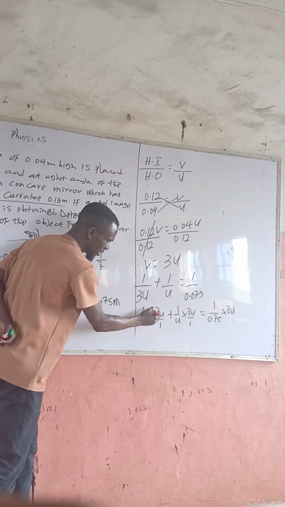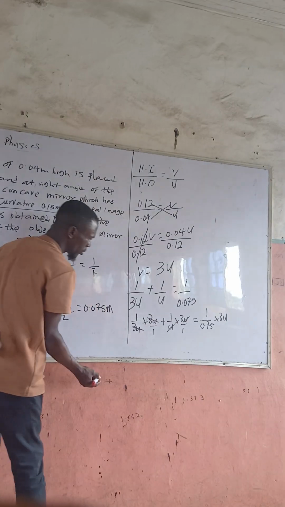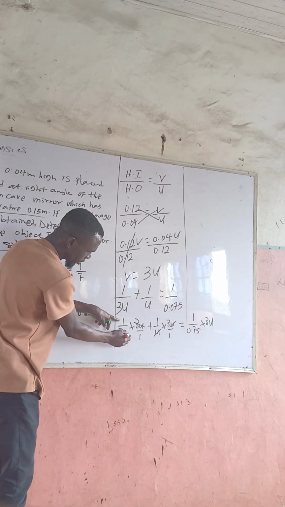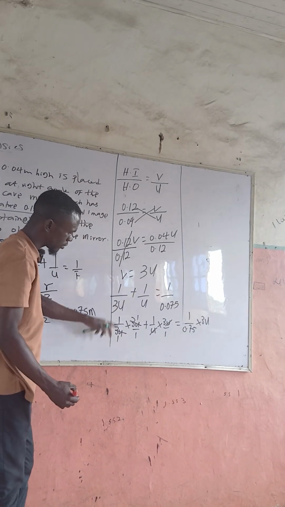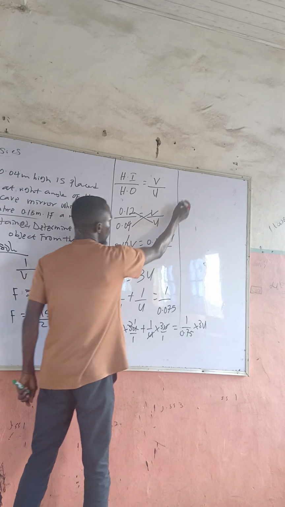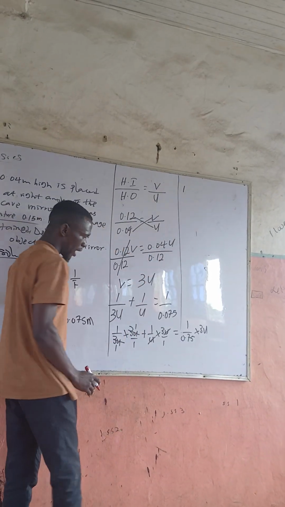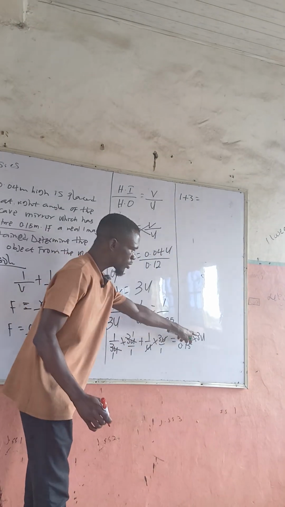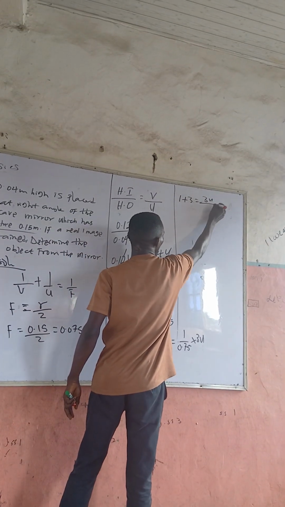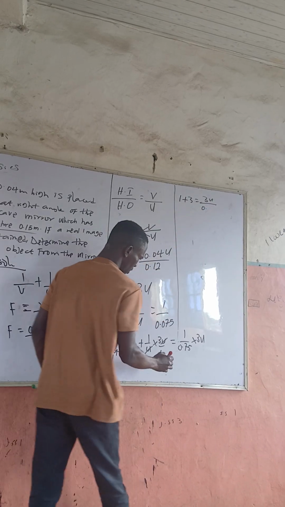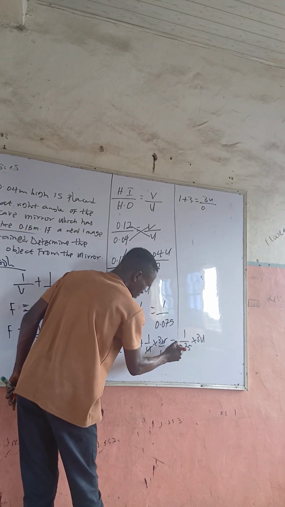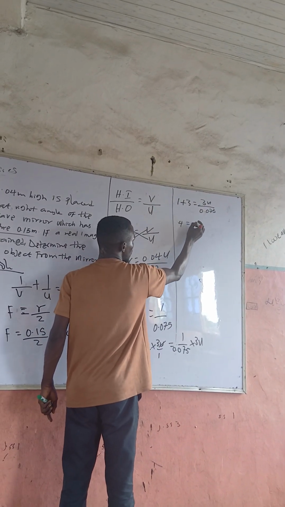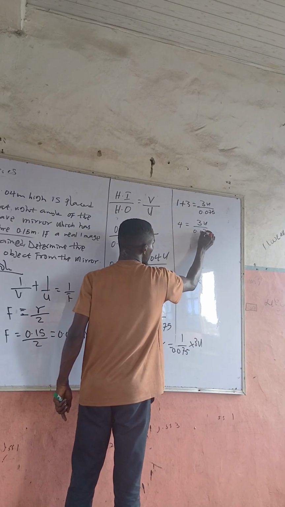Now the 3u cancels the 3u, and the u cancels the u, so we only have 1 left. Everything becomes 1, then we have plus 3 here, equals 3u over 0.075. This will give us 4 equals 3u over 0.075.